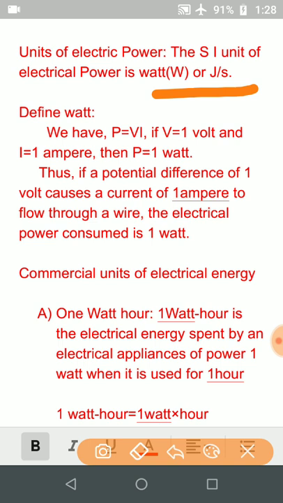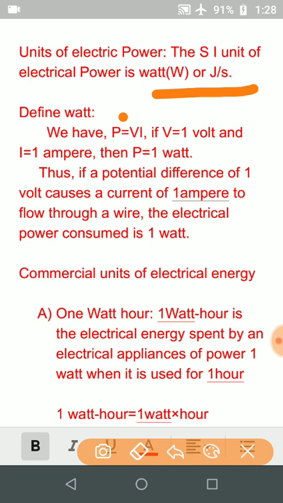It is very easy. We have power is equal to V into I, or I into V. If the voltage across the conductor between 2 points is 1 volt and the current is 1 ampere, then power is equal to 1 watt.